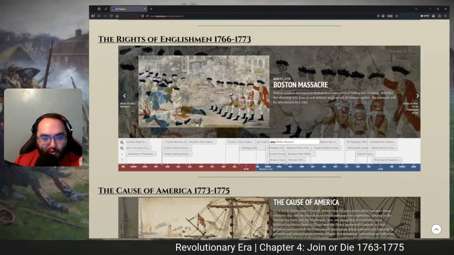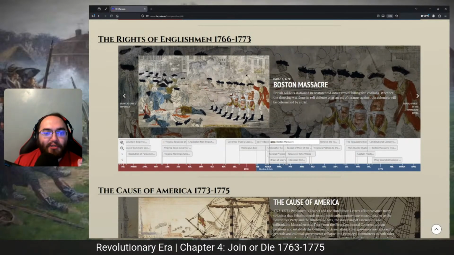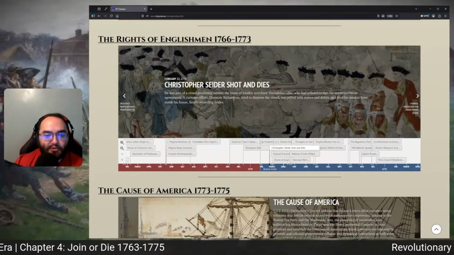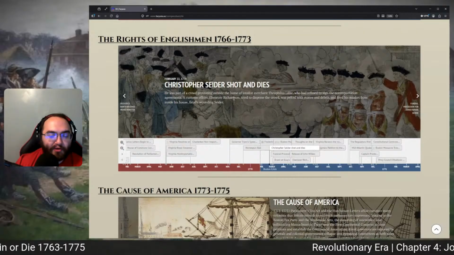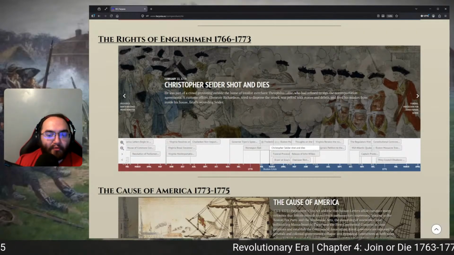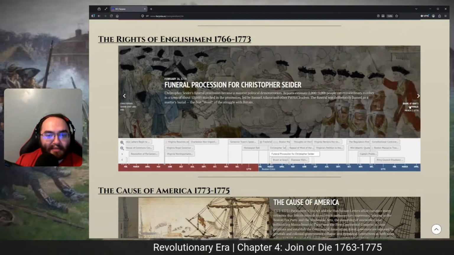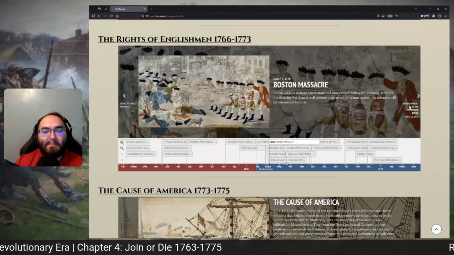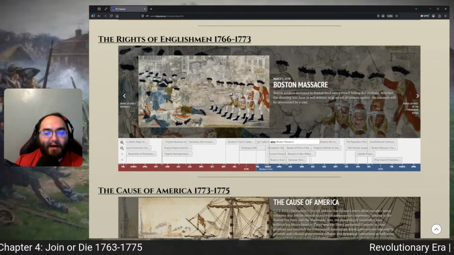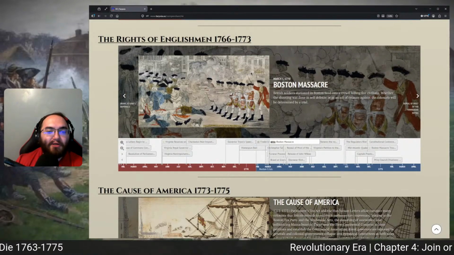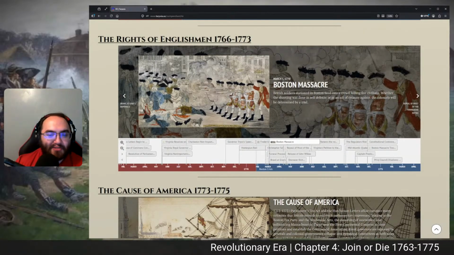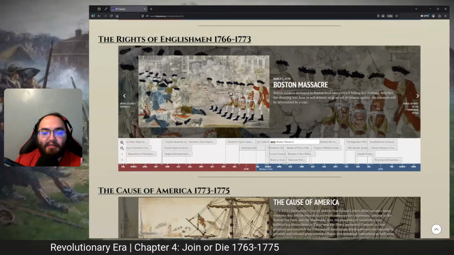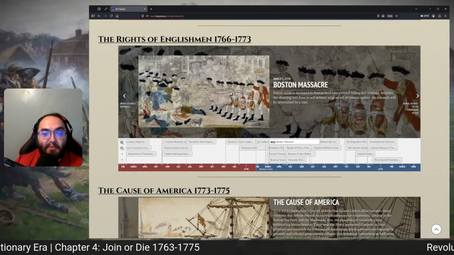This little detail is actually a reference to Christopher Seider, because Ebenezer Richardson was on the second floor and he shot out the window, and he shot into a crowd of people and killed the kid, Christopher Seider. And so this is a little detail added by Paul Revere. So it's not just the Boston Massacre being depicted, it's also the killing of Christopher Seider in this one image.